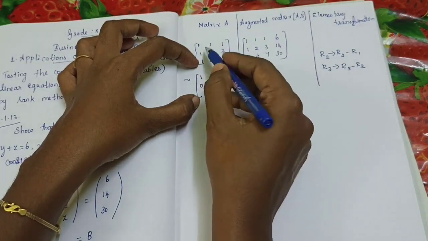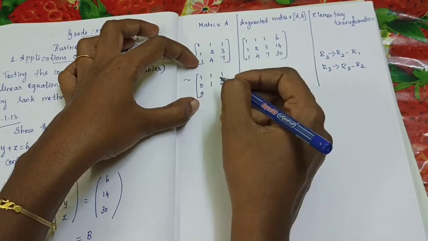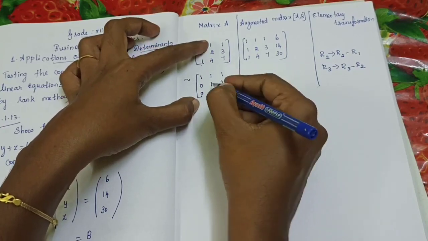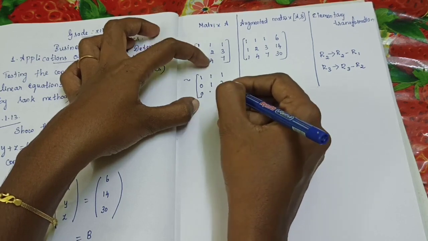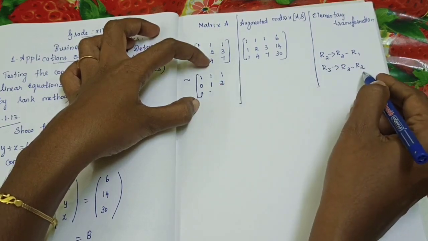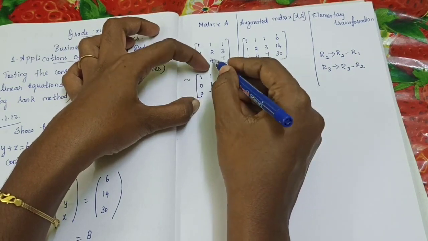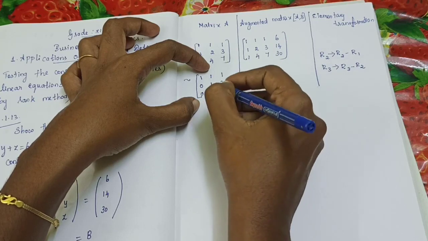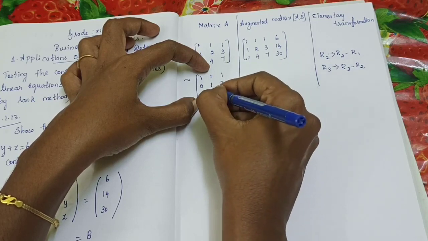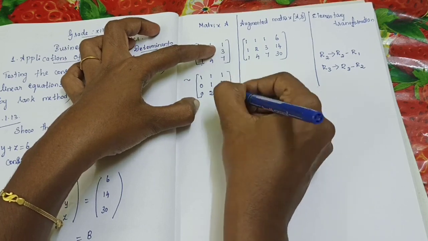Now R3 minus R2, that is 1 minus 1, it is 0, then 4 minus 2, how much will you get? 2, then 7 minus 3, 4. Yes, over.